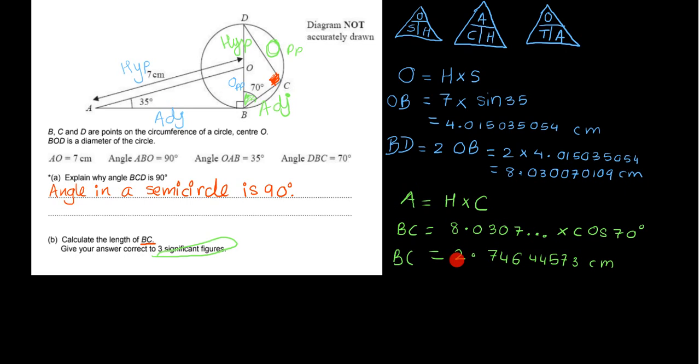The second one is the digit after that, and the third one is this one. So this would be to the nearest hundredth, which is 2.75 centimeters, three significant figures. And that's that. BC solved. Hope this helps. Thank you for watching.